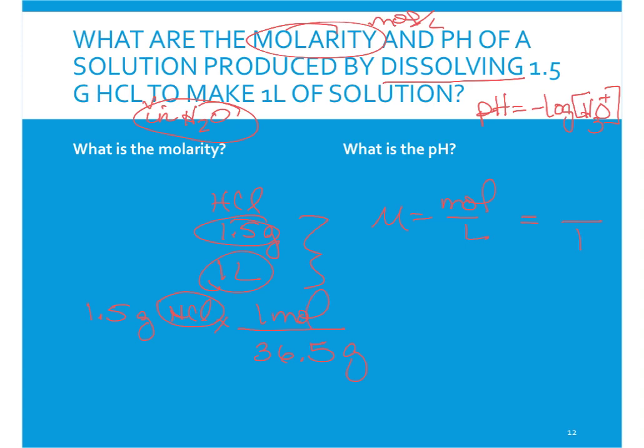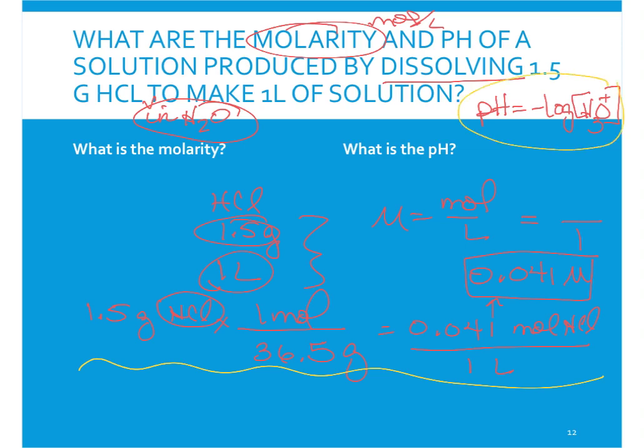Doing that calculation tells me that I have 0.041 moles of HCl. So now to get molarity, I'm just going to divide by liters. I only have 1 liter. That's not going to change anything. So then my molarity is 0.041 molarity of HCl.